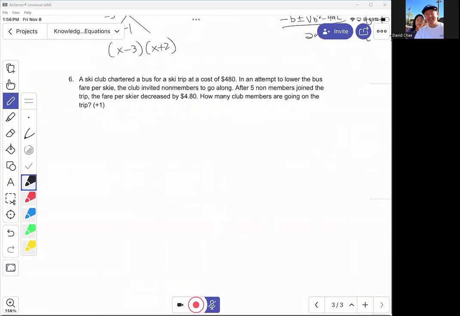And number 6, this was a difficult one. Remember, this was example, I think 6 on that one page. Remember, it was 480 over x minus $4.80, and then x plus 5 equals 480. I look at it this way again.